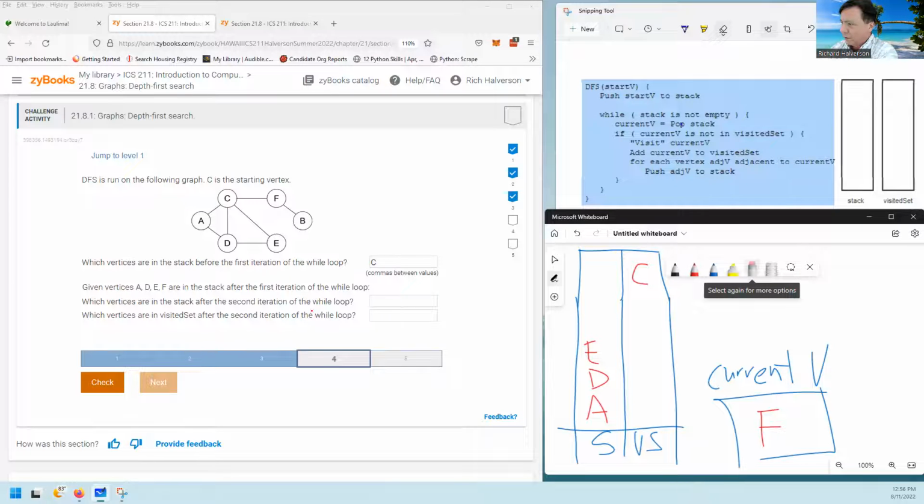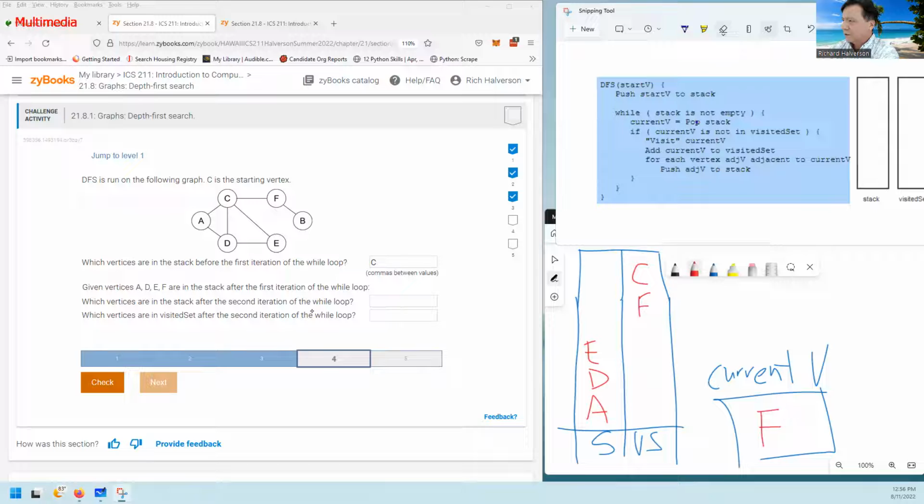And F is going to be added to the visited set. Then all of the vertices adjacent to F get pushed onto the stack. So what are the vertices adjacent to F?